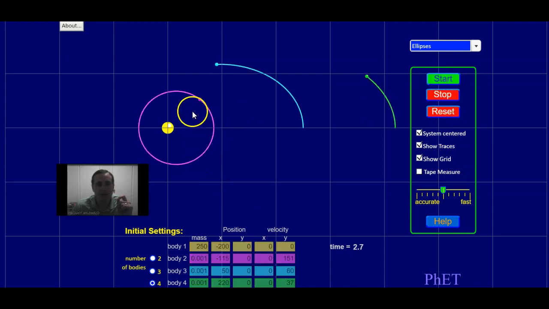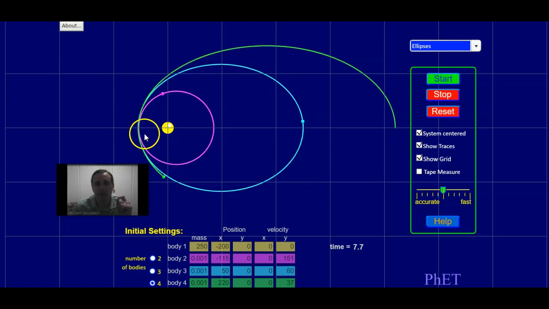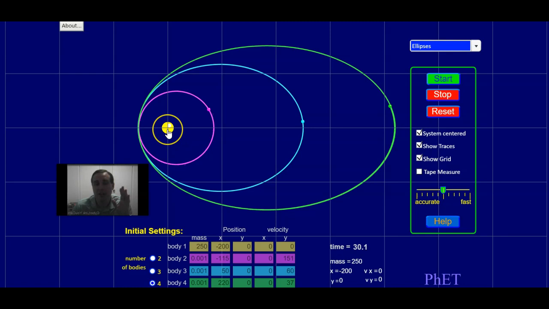Notice that this is an ellipse with a small eccentricity. The blue here is an ellipse with a larger eccentricity, and green has the largest eccentricity. So you can see now why the periods of rotation of the planets are different, because they all have different elliptical orbits. But remember, the sun is at the focus of all those elliptical orbits.